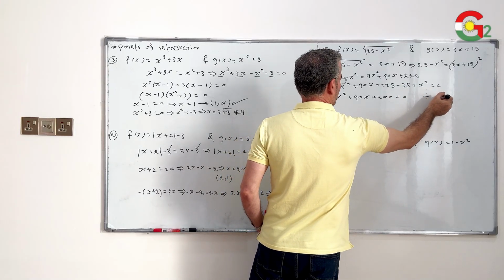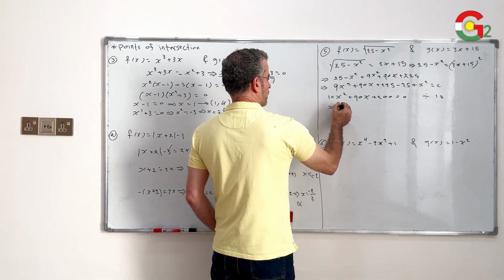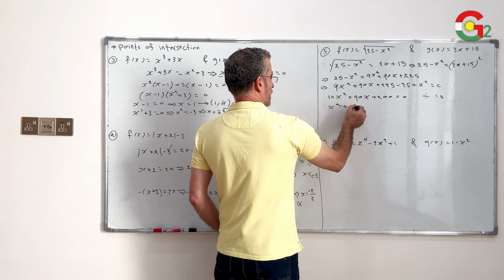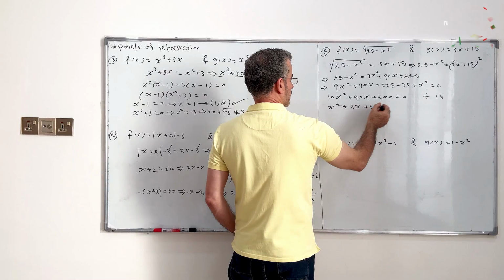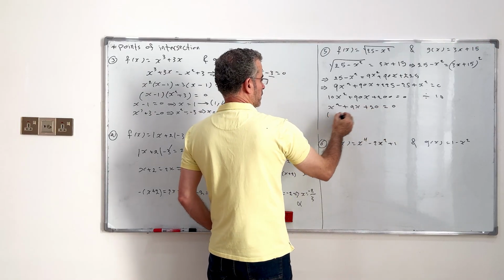Divide this equation by 10, then x squared plus 9x plus 20 equal to 0.